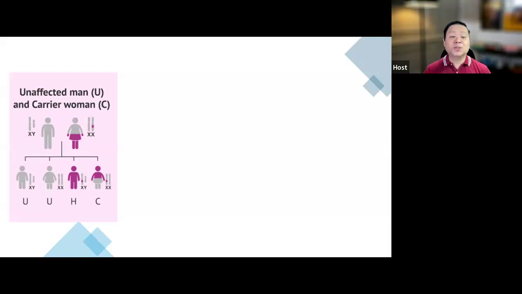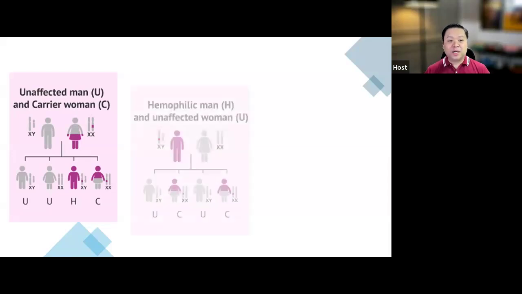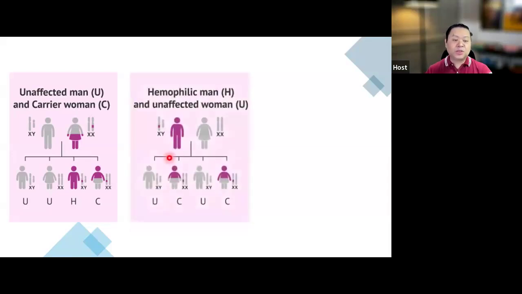Now let's move on to another picture. Here, the father is the person who has hemophilia, manifesting the disorder, but the mother is unaffected. So let's find out what's going to happen to the 4 offspring in this case. The sons will inherit their X chromosome from their mother and the Y chromosome from their father.